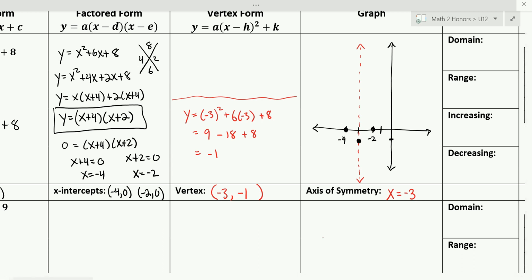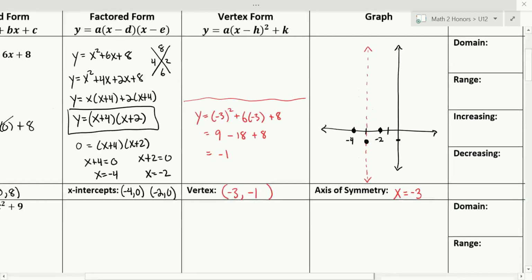We also have our y-intercept, which was 0, 8. I'm going to plot that. And if you know where the middle is, whenever you find a point on one side, you automatically get a point on the other side for free. So if I take that y-intercept, there's a reflection on the left side. Where would that be?